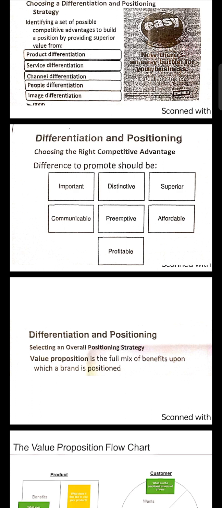Okay, so this is the positioning the iPhone successfully created, to make people have this preemptive mindset: I buy the product first before other people get the product, something like that.